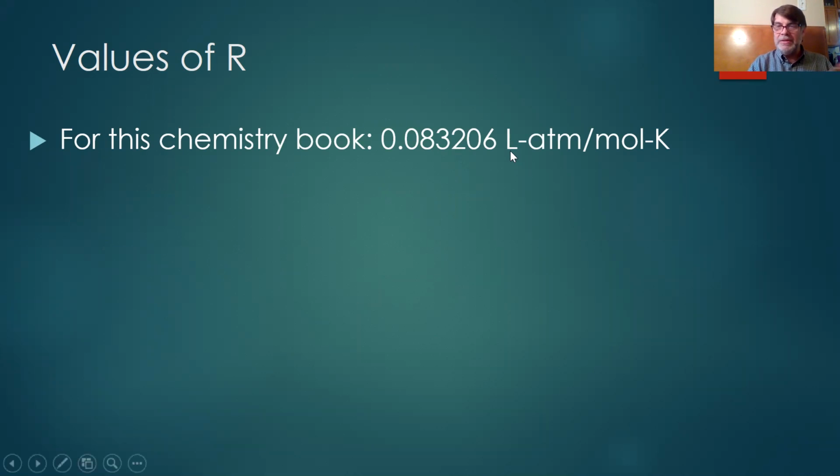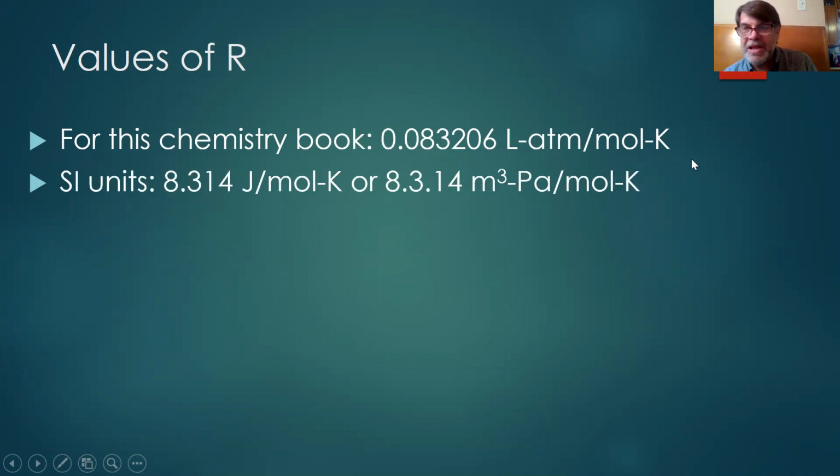So if you're using liters, atmospheres, which is a unit of pressure we talked about in the second section of this chapter, moles, Kelvin, the chemistry book, in at least this chapter, is going to use 0.08206 liter atmospheres per mole Kelvin.